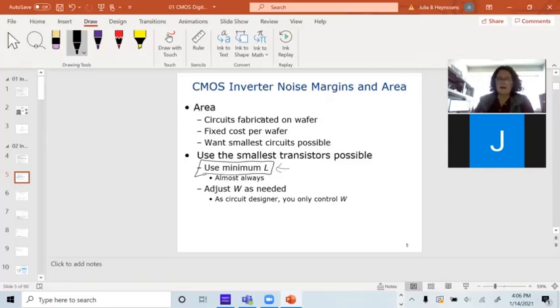The only thing I have as a circuit designer to change the performance of my transistors is adjusting W. So I can increase W to make the performance better. At the trade-off, I'm going to make the circuit bigger. I'm going to be able to fit fewer of them on that wafer. And so I'm going to have to charge more to make my money back.